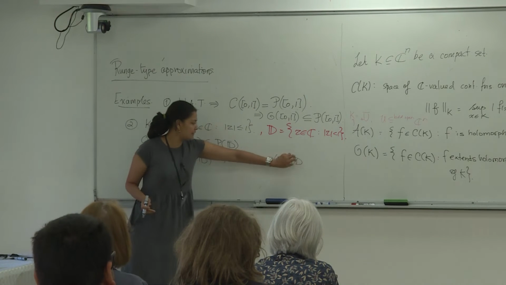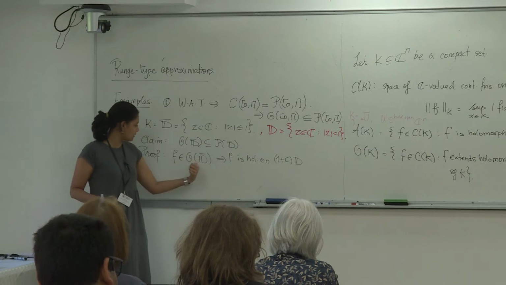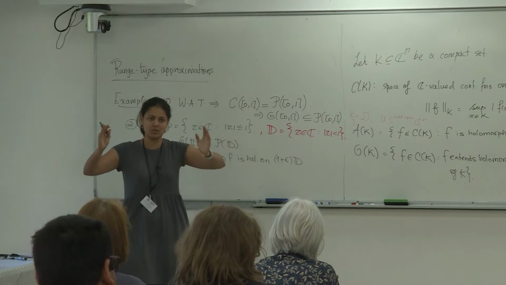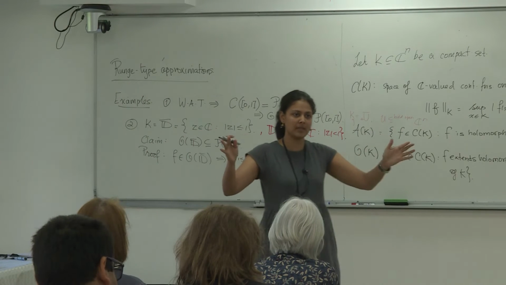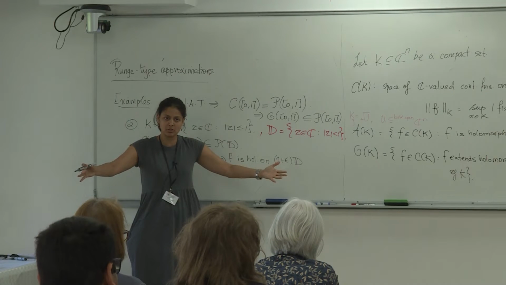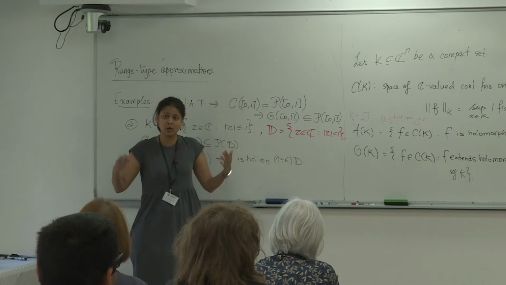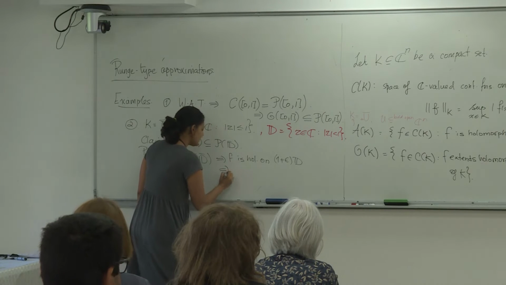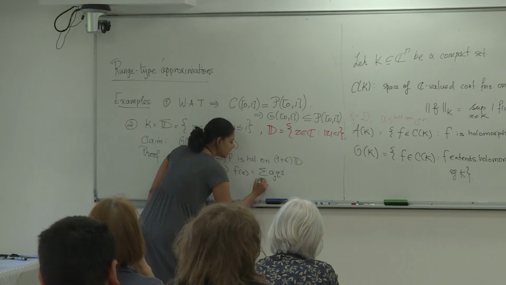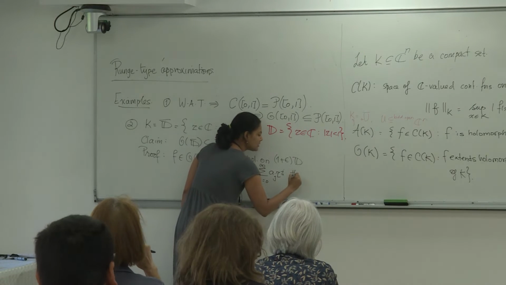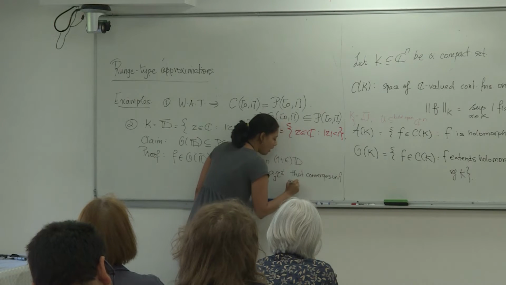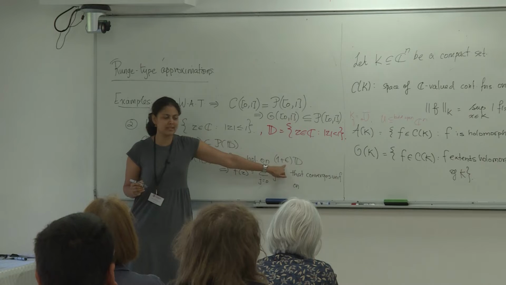And so I've stretched this disk out. Because F is holomorphic in some neighborhood of D closure, I can find a slightly larger disk on which F is holomorphic. Now this is a one variable complex analysis fact that if you have a holomorphic function on this disk, then you have a power series expansion, and that power series converges uniformly on compact subsets. So this means that I can write F as a power series that converges uniformly on compact subsets of this slightly larger disk.